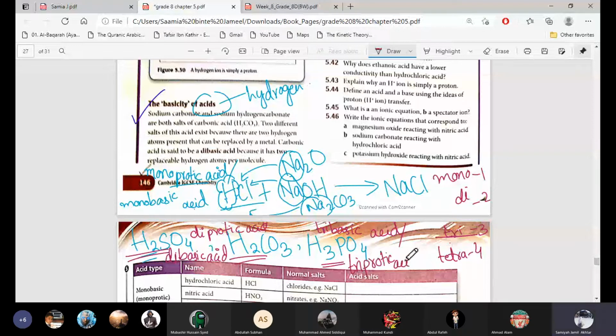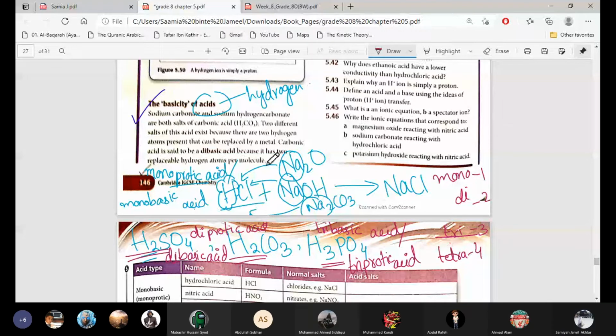So this is simply the basicity of acids, defined as the number of replaceable hydrogen ions in an acid. And which element replaces the hydrogen? Metal. It can be any metal, like sodium, calcium, potassium, iron. The number of hydrogens it replaces is called the basicity of that acid.